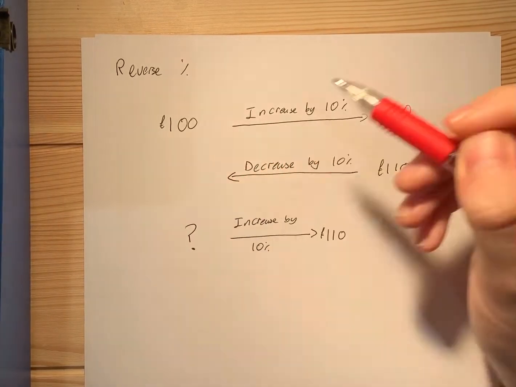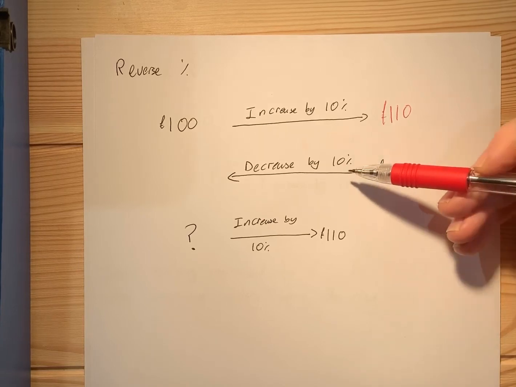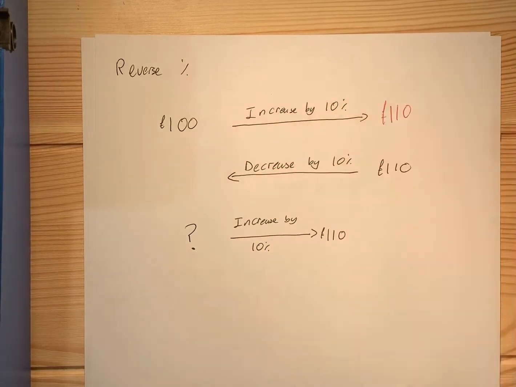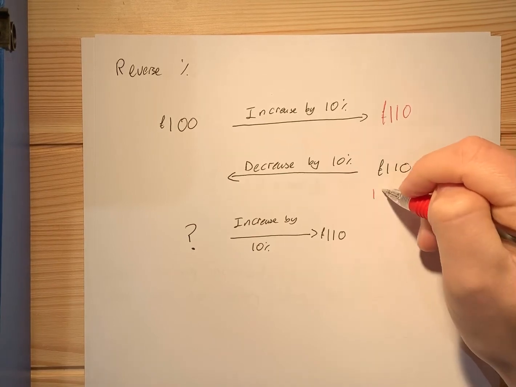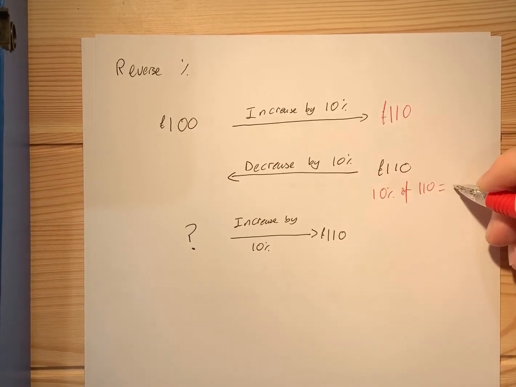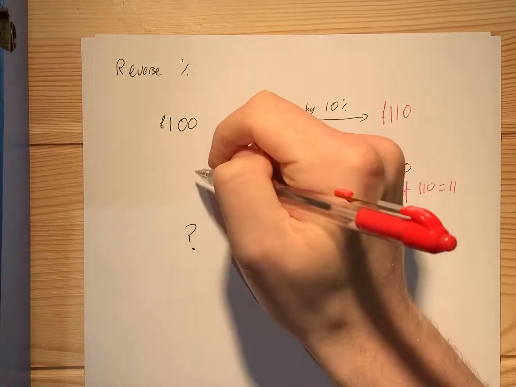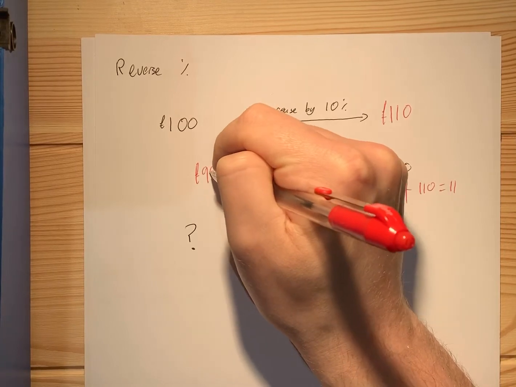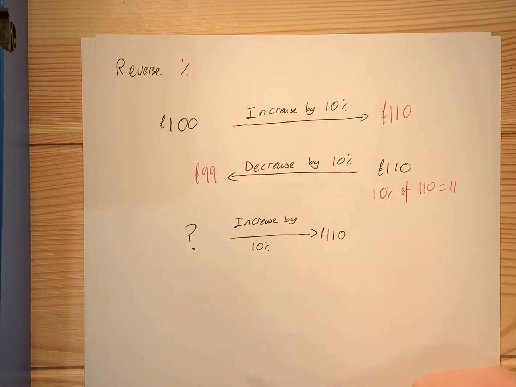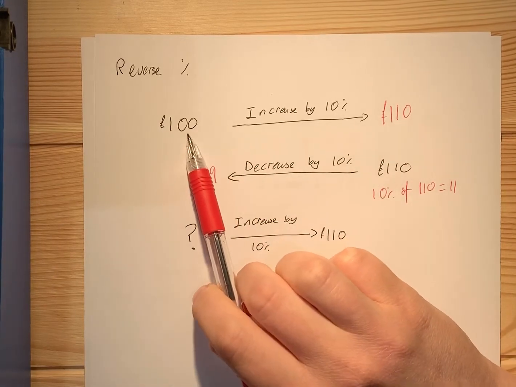Let's go the other way. If I've got £110 and I decrease that by 10%, what does that give me? Well, 10% of 110 is actually 11. So 110 take away 11 gives me 99.